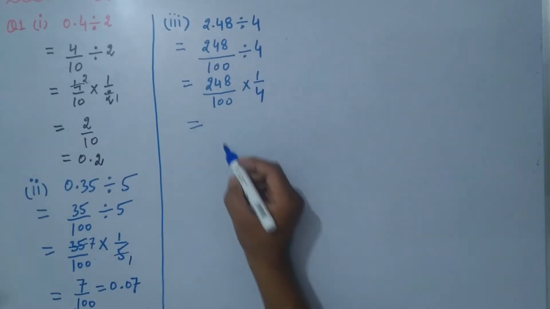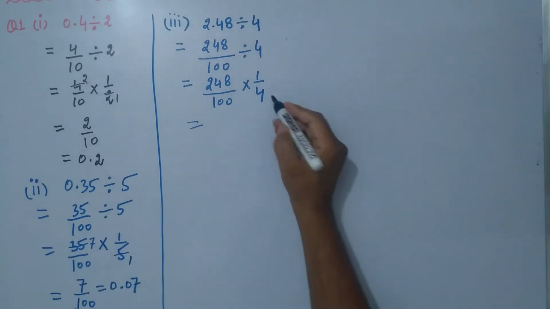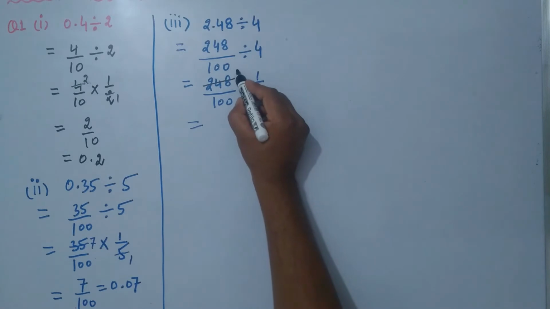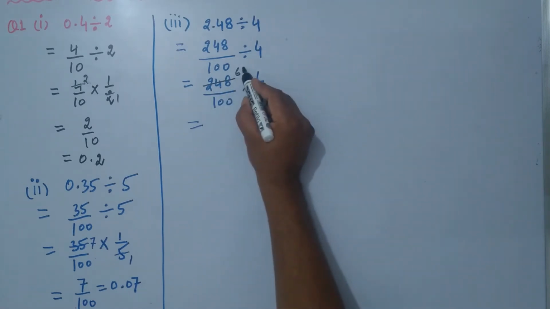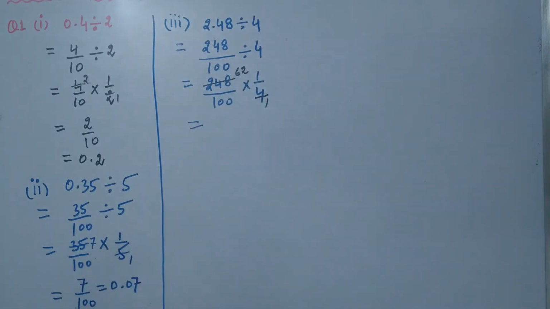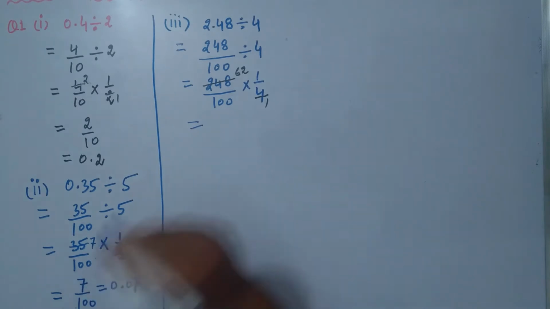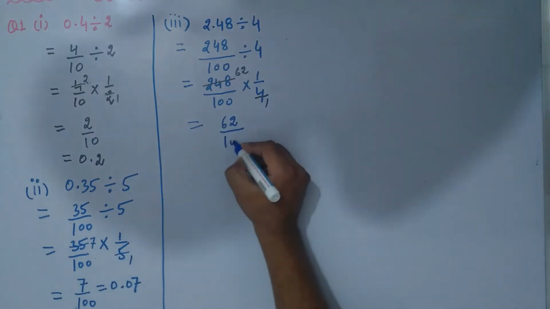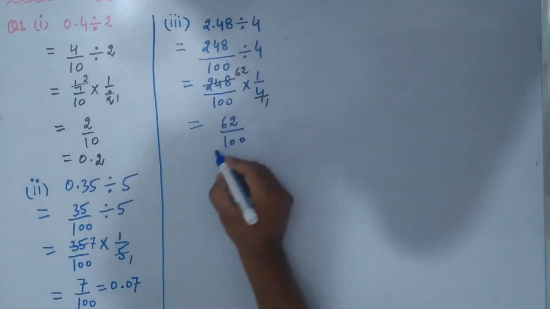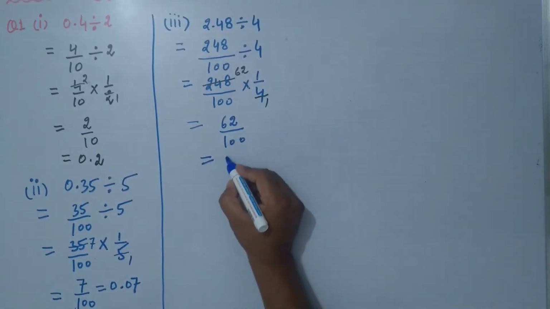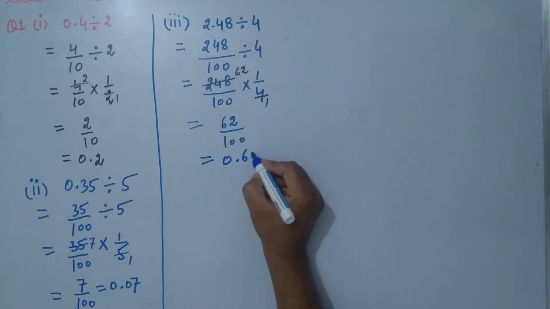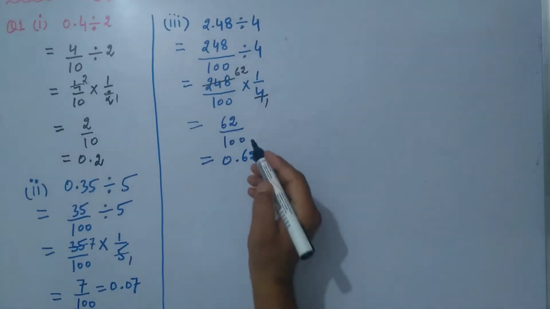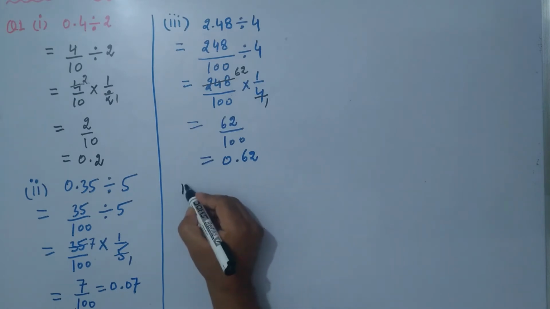So this way we have 4 ones are 4, 4 sixes are 24, 4 twos are 8. So next we have 62 divide 100 is equal to 0.62.